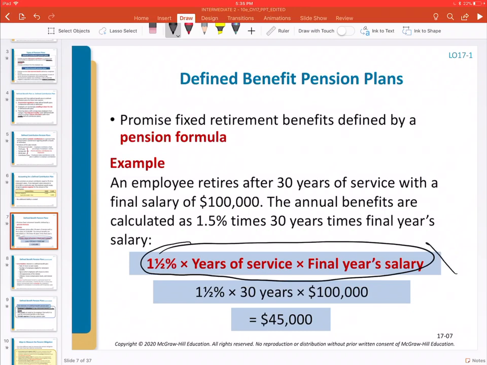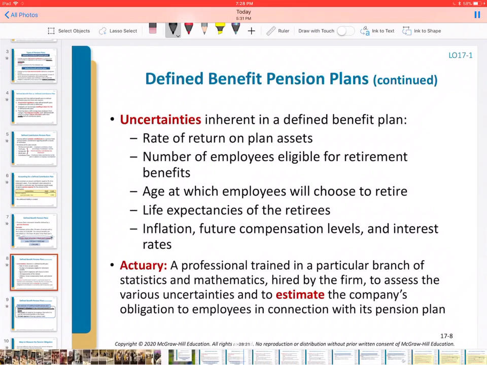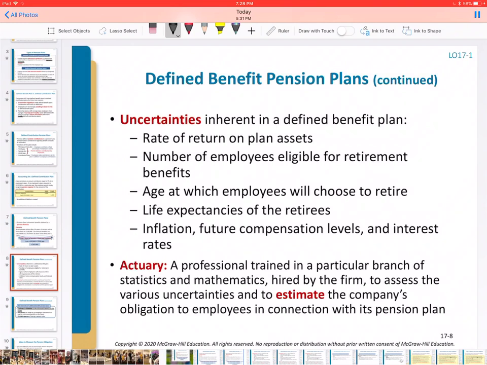This type of formula is what we use consistently going forward. A little bit more about defined benefit plans: you can see in that formula there are a lot of uncertainties as it relates to how we calculate what the actual benefit is going to be, and how we, as accountants, understand the obligation, the liability that the company has to these individuals that they are promising this retirement benefit.